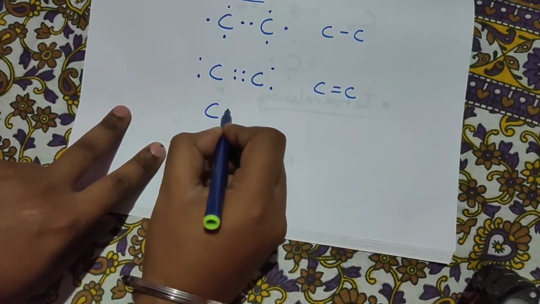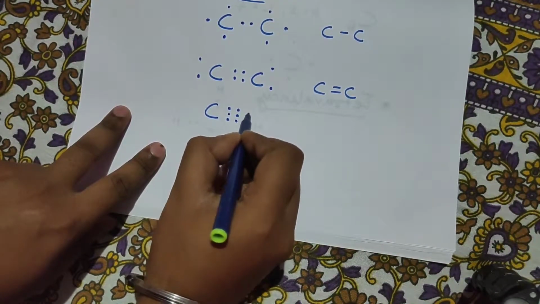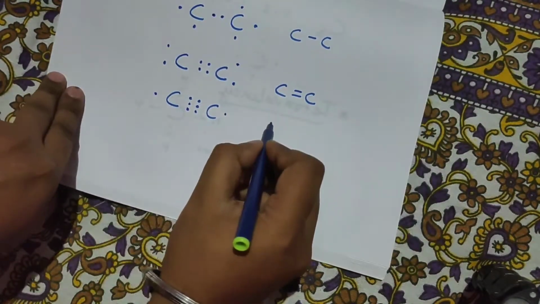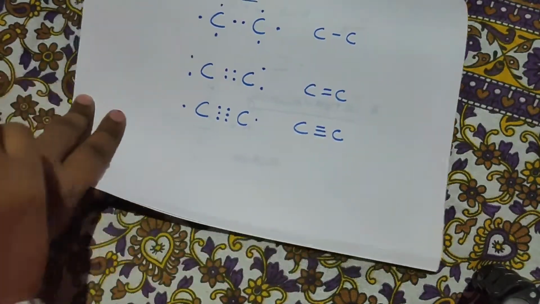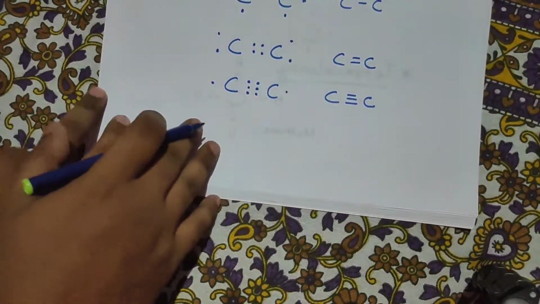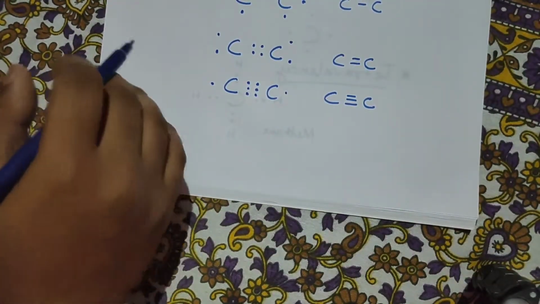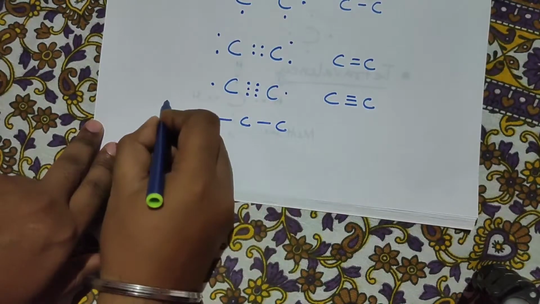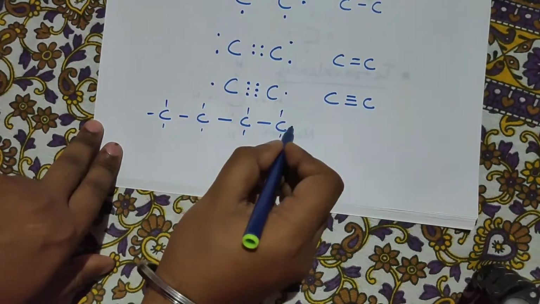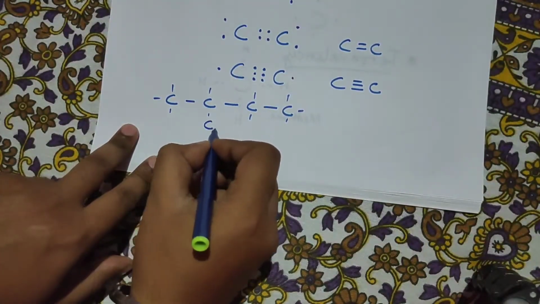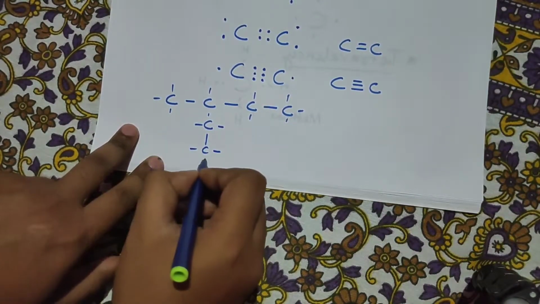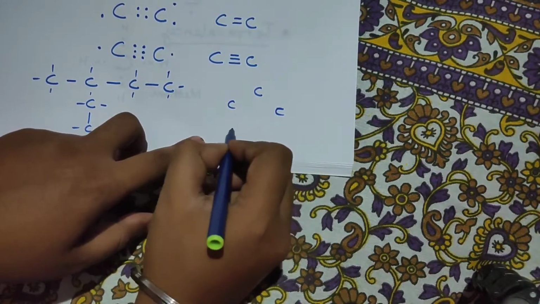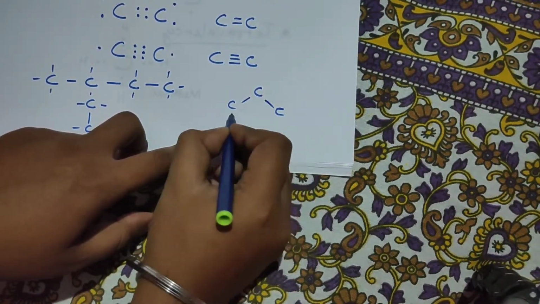Another type where carbon can share 3 electrons with other carbon atoms and can form triple bonds, which is represented as C triple bond C. Moreover, by forming this type of bonds, carbon can form long chains like so, or branch chains like so, or cyclic chains like this.